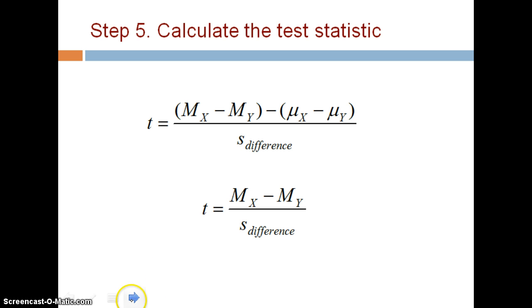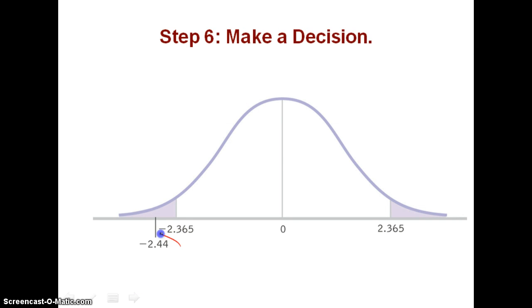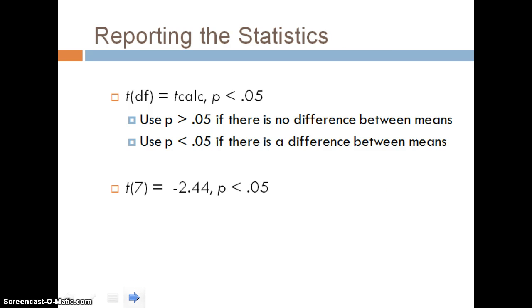We calculate the test statistic, which we find to be negative 2.44. I didn't go through all the details of how you get that because the next video gives you the whole 6 steps of hypothesis testing. If you want to report your statistic, you put the degrees of freedom here, your calculated t, and then p is less than 0.05.